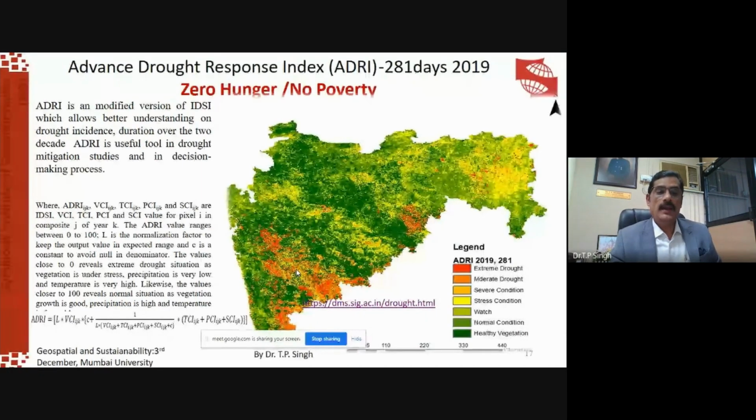So ADRI provides more precise information on drought: where extreme drought is happening, where it is moderate, and the area that comes under watch, which also needs to be an area of concern.